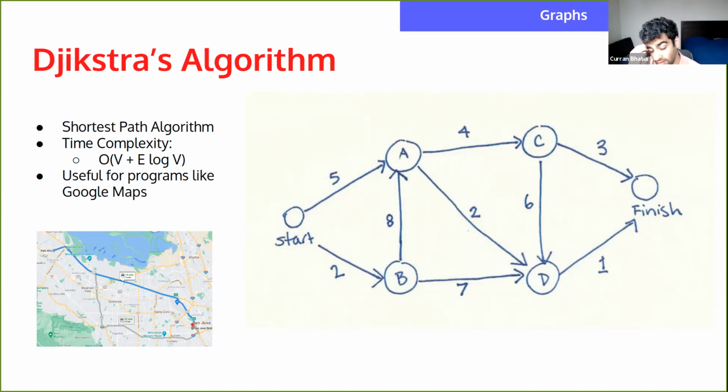And then you're going to put a 12 over the finish node. And then you'll keep doing this over and over. Eventually you'll figure out that I can go from start to B, from B to D, from D to finish in 10 minutes, right? And that's the fastest route.